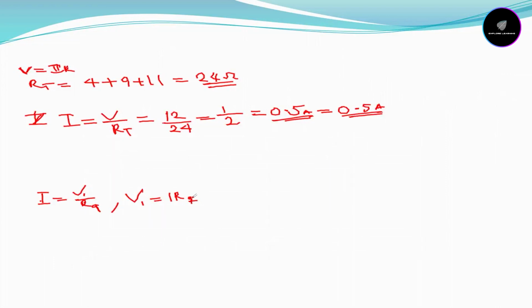Now, if I put it that way, R9 means the 9 ohms resistor. Therefore, V1 is going to be equal to I, which is 0.5.